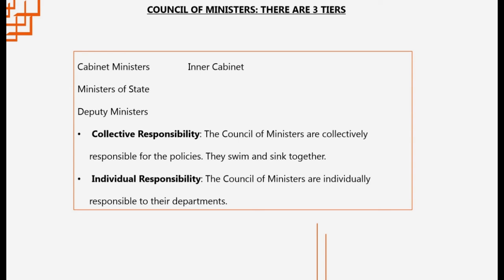For example, Mrs. Smriti, who lost from Amethi in 2014, was inducted to the Modi government. The salaries and allowances of ministers are determined by Parliament from time to time by law. The ministers get handsome salary, allowance, and office expense.